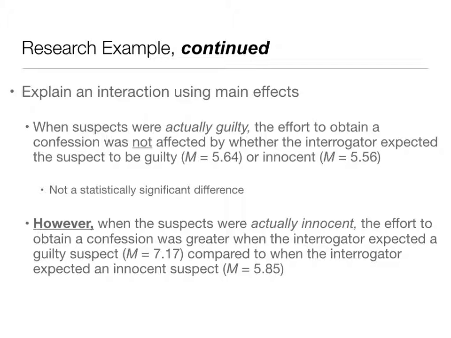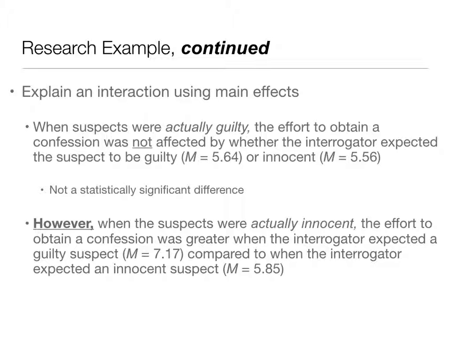However, and again, this is a good point in an interaction statement, there's some sort of caveat statement that's saying that something different is going on at one level versus the other level. That could be however, but, although, or a semicolon, something that's just really creating this juxtaposition between the two, saying something different is going on in this level of the independent variable than in this level of the independent variable.